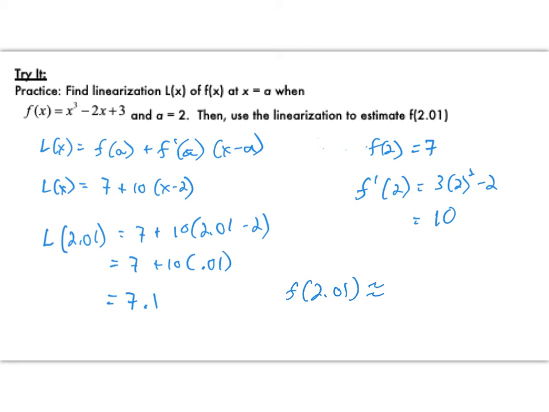And when I do that, this is what I come up with to several places: 7.100601. So you can see that once again, our linearization is really, really good for something like this.